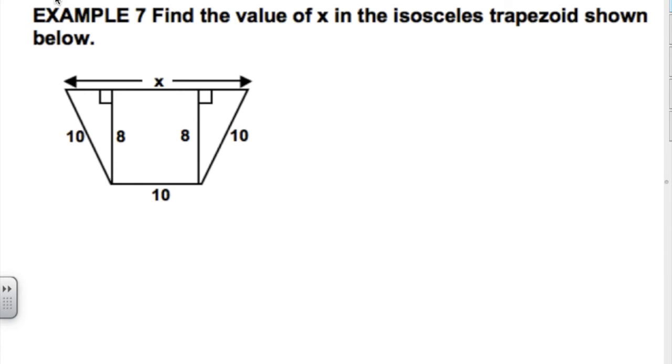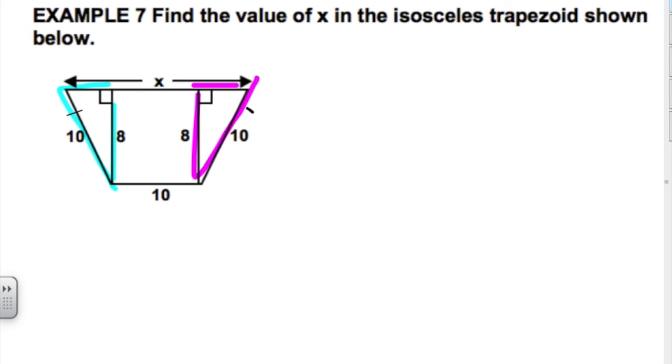Alright, in example 7, we want to find the value of x in the isosceles trapezoid shown below. All that means is that these two sides are the same, which it shows us with the tick marks. Now you might say, well wait, I have some right triangles here. I have the right triangle created on this side. Then I also have the right triangle created on this side.